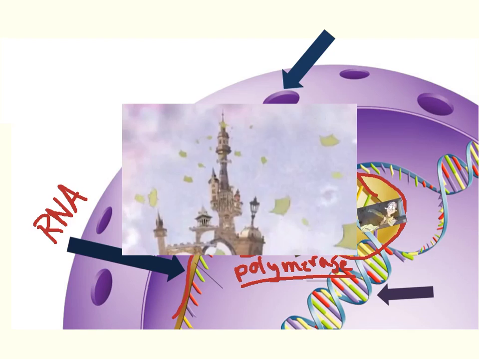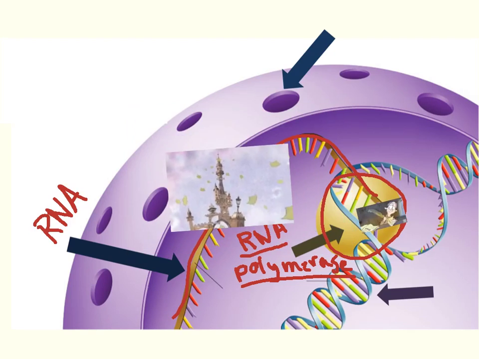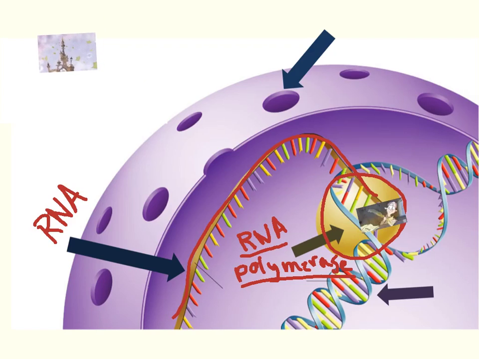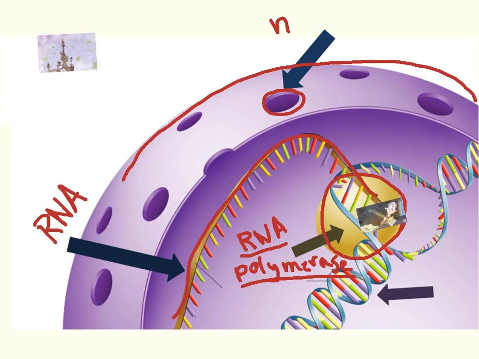And what did the scribe do with those RNA molecules? He tossed them out the windows of his castle. Now the windows of the castle in this case, well here's the castle, it's the actual nucleus that's going around like this, and the windows are these little suckers right here. Those are nuclear pores. Holes in the nuclear envelope that allow the RNA molecules to go out where they will be read.